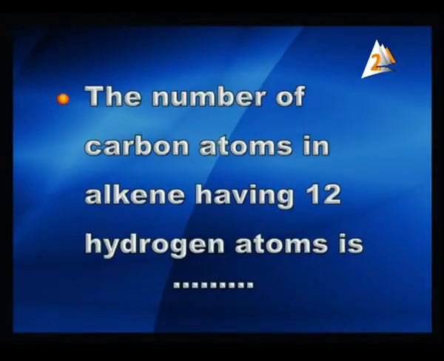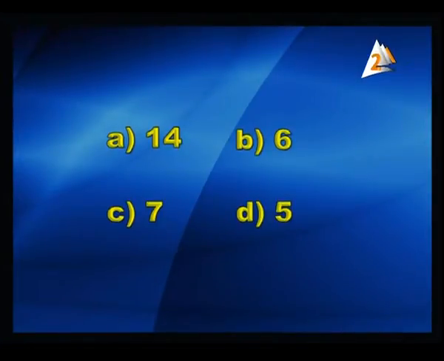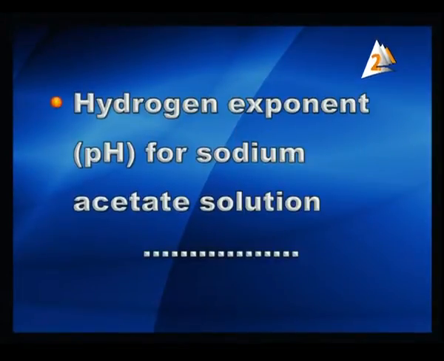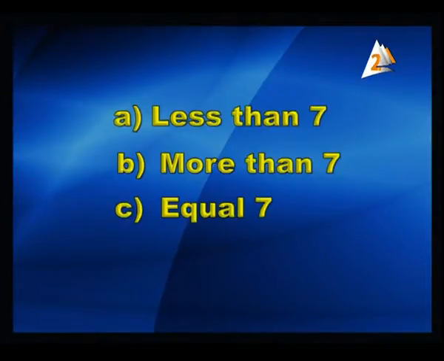Next one. The number of carbon atoms in an alkene having 12 hydrogen atoms is what? Is it 14, 6, 7, 5? If you think about the answer, yes, it will be 6. Next point. The pH of sodium acetate is equal to, less than 7, more than 7, equal 7, or equal 3.